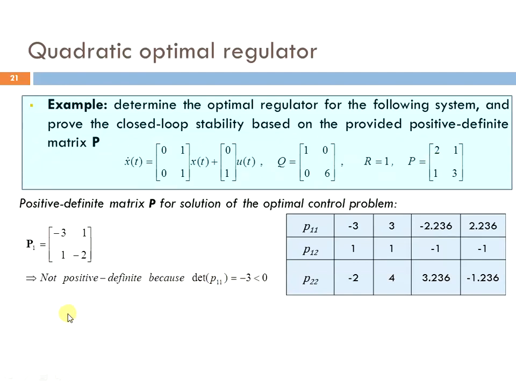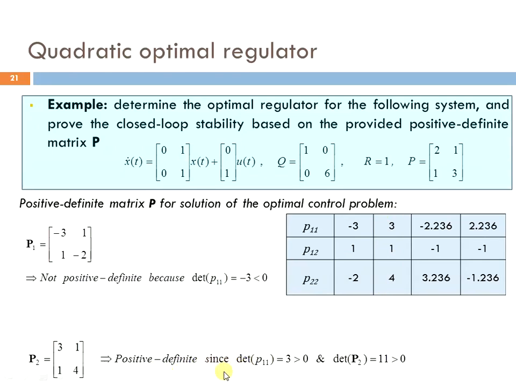Next, we look at the next set of elements. Here, the first leading principal minor has a determinant which is positive, and the entire matrix also has a determinant which is positive, and so we conclude that the matrix P using the second set of elements is positive definite.